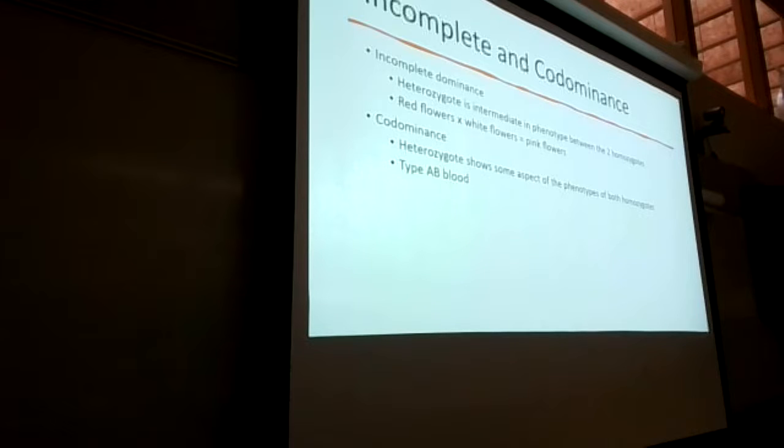So codominance shows that the heterozygous have some aspects of each phenotype. Take type AB blood.